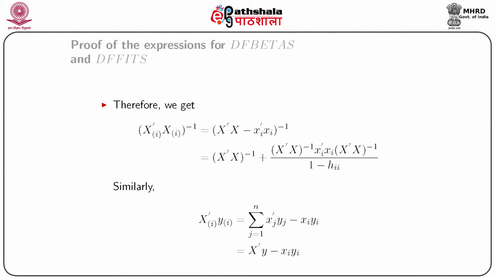Therefore, we get (X_i prime X_i) whole inverse equals (X prime X minus x_i prime x_i) whole inverse, which equals (X prime X) inverse plus (X prime X) inverse x_i prime x_i (X prime X) inverse divided by 1 minus h_ii. Similarly, X_i prime y_i can be written as X prime y minus x_i y_i.